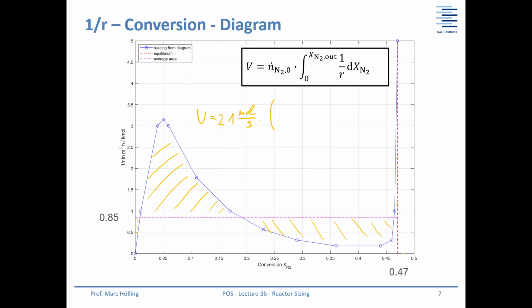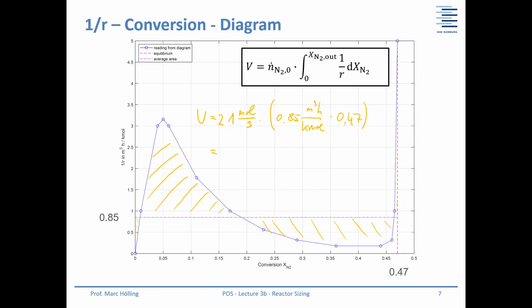So we say our average inverted reaction rate is 0.85, the units are cubic meter hour per kilomole, times our conversion in equilibrium. This is 0.47.